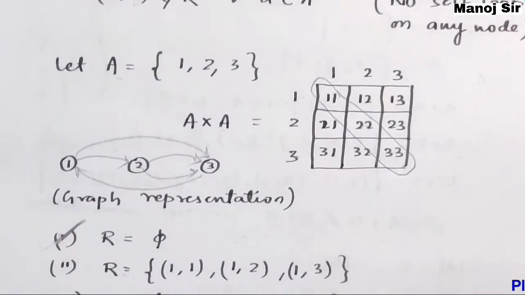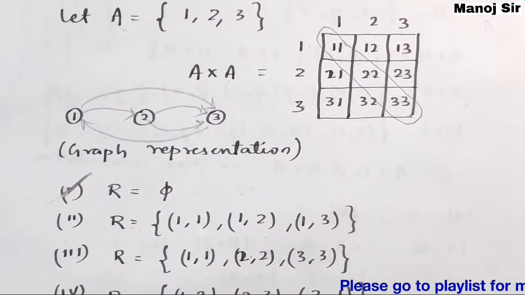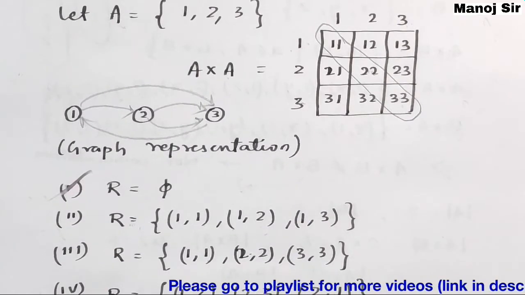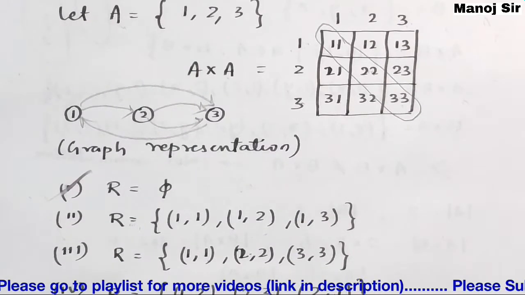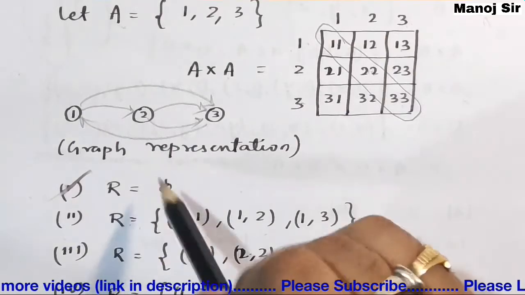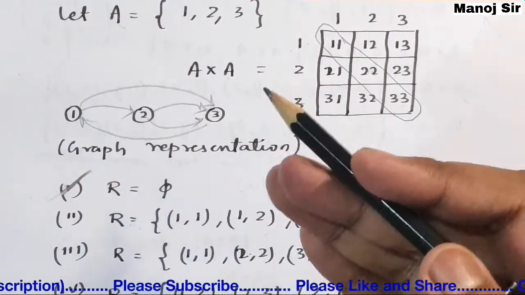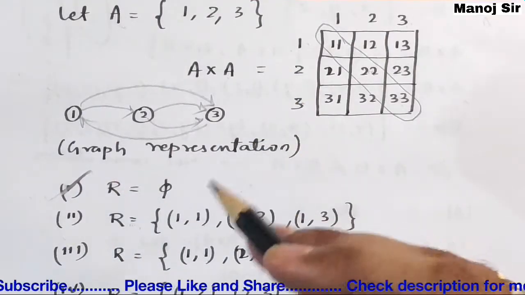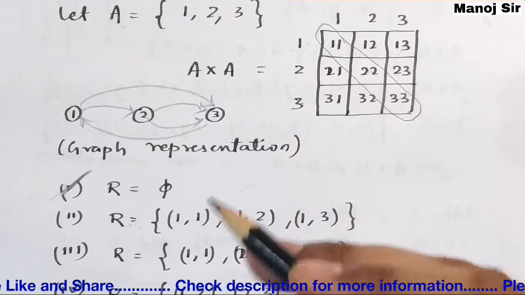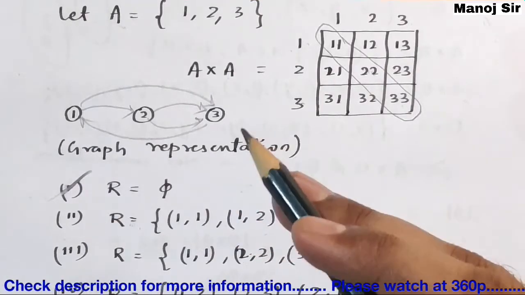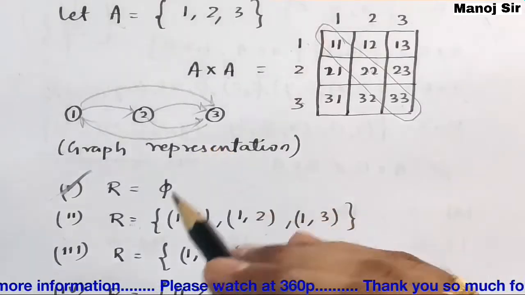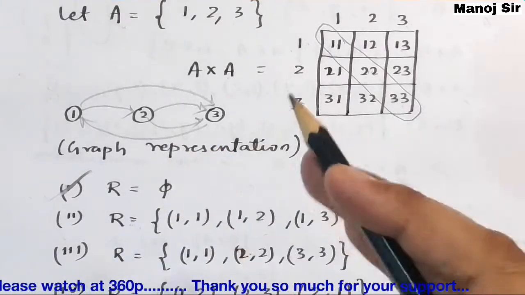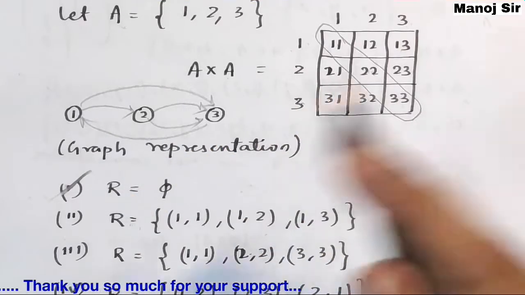Now we will take some examples, and I am sure that through these examples the concept will become much clearer. My first relation is phi. Phi is an empty set, or you can say a null set. When we studied subsets, I told you that phi, the empty set, is a subset of every set or every relation.